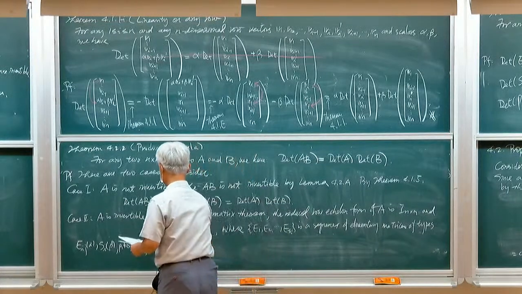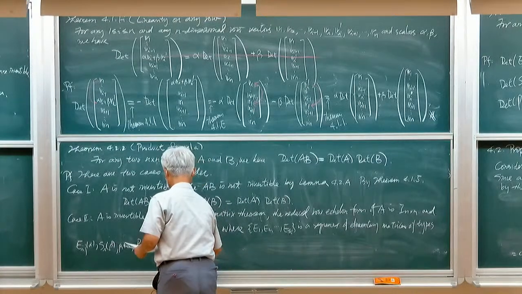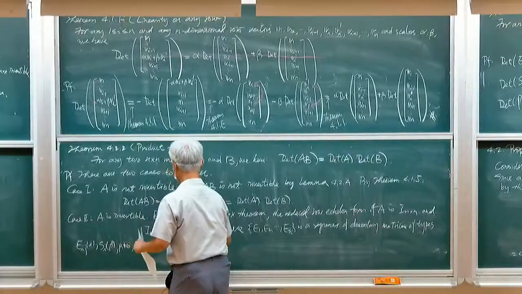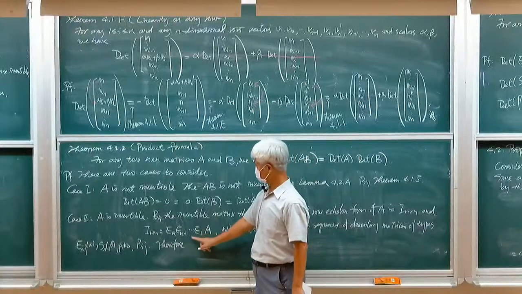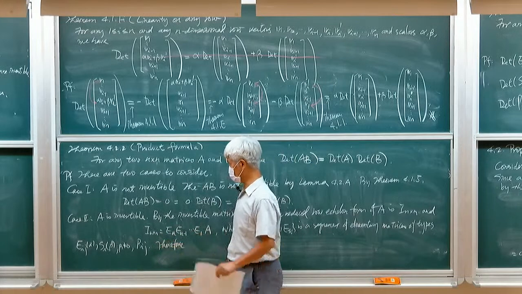Right, and therefore, we apply the sequence of elementary matrices to A, and we end up with an identity matrix.